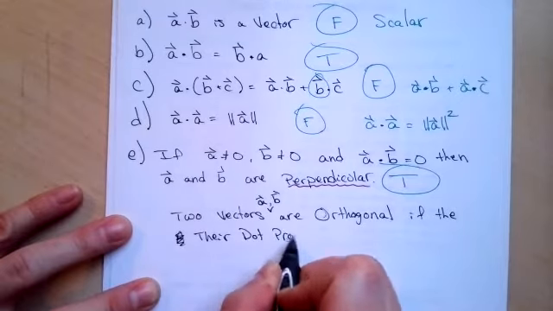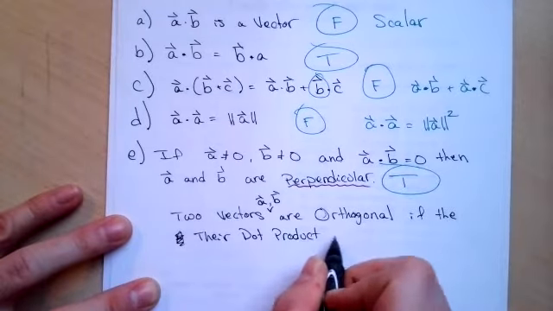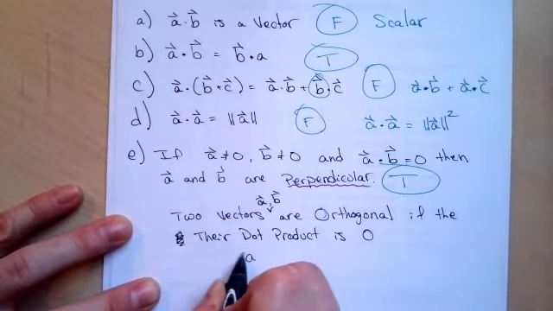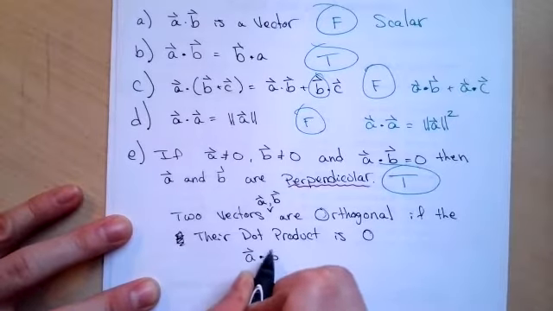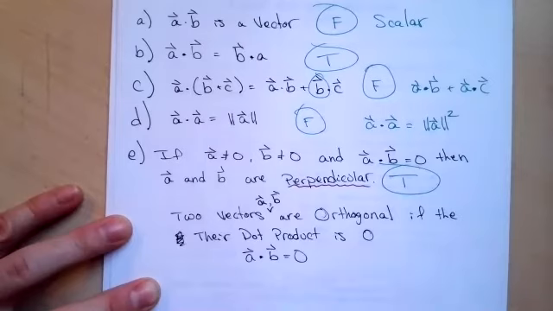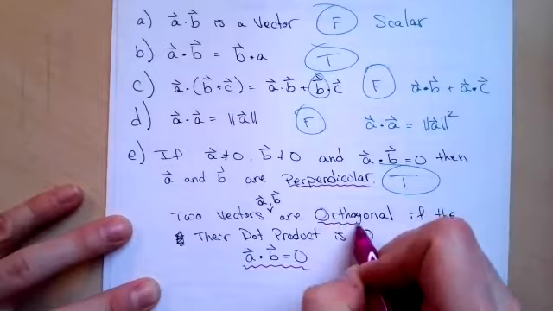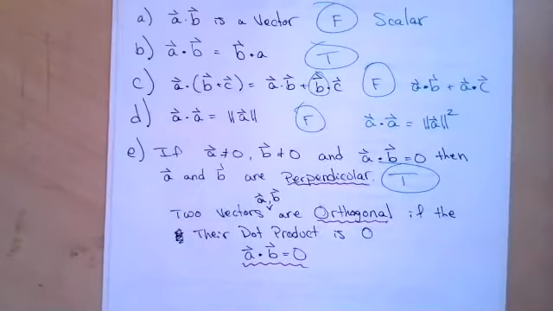So we can take that as a definition. So orthogonal means perpendicular, means the angle between the two vectors is pi over 2.